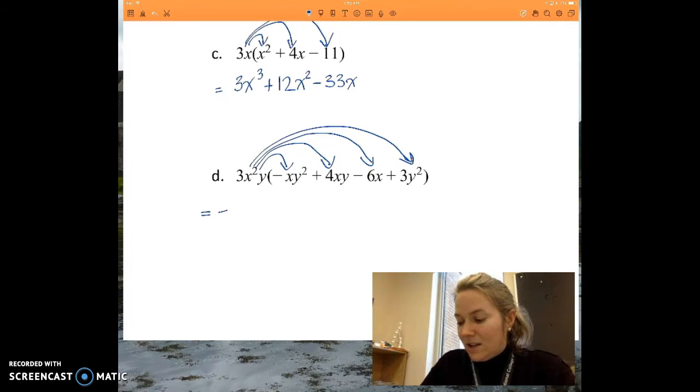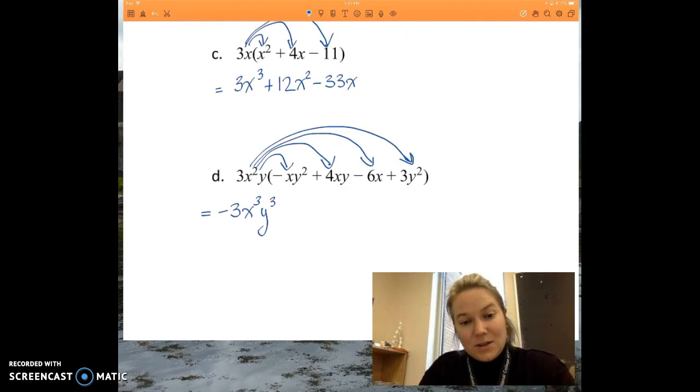3 times negative 1 is negative 3. x squared times x is x cubed. y times y squared is y cubed. They're all multiplying each other, so that says negative 3 times x cubed times y cubed.